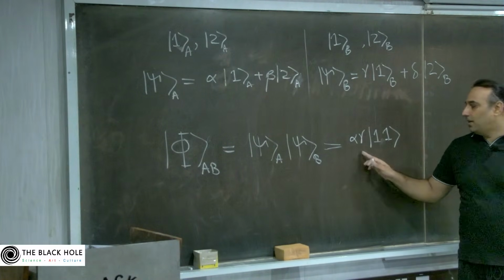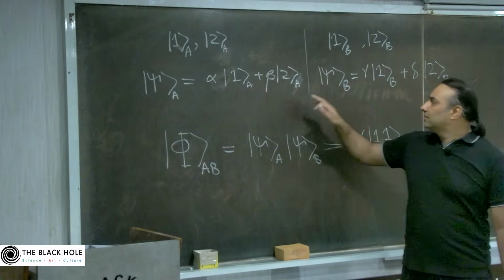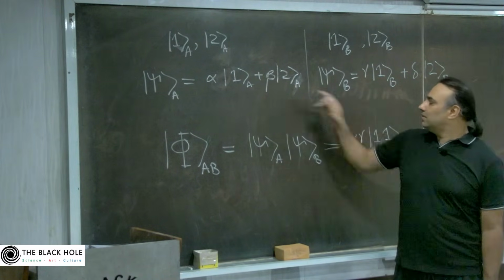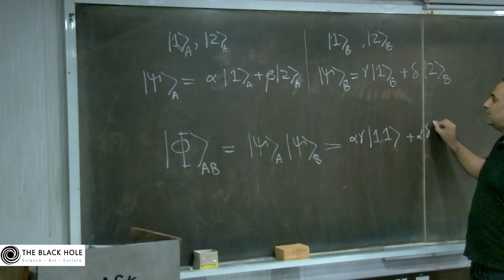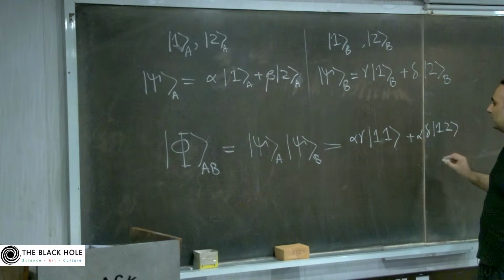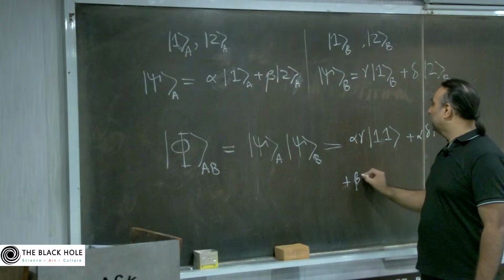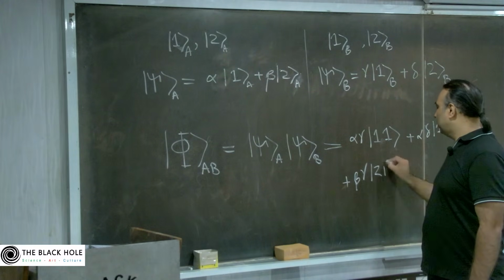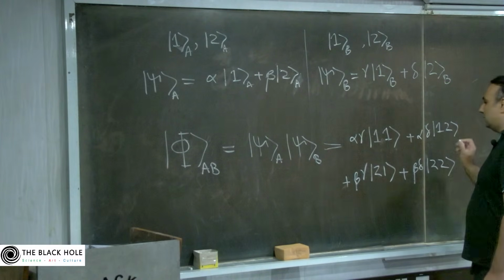So if we multiply them, from these two terms we get this, and then we get alpha delta, this is 1 2, and then beta gamma 2 1 plus beta delta 2 2.